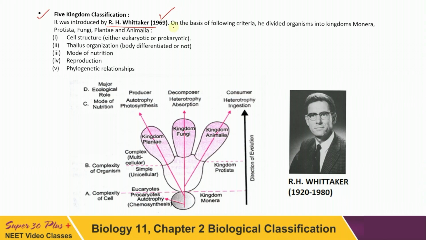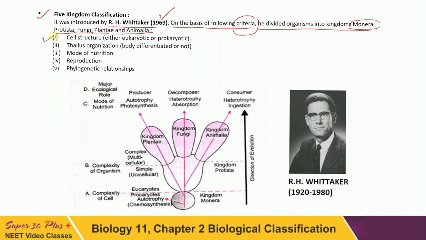What were the criteria on the basis of which he gave the 5 kingdoms? He divided organisms into 5 kingdoms: Monera, Protista, Fungi, Plantae, and Animalia. There are 5 criteria on the basis of which he introduced this classification.